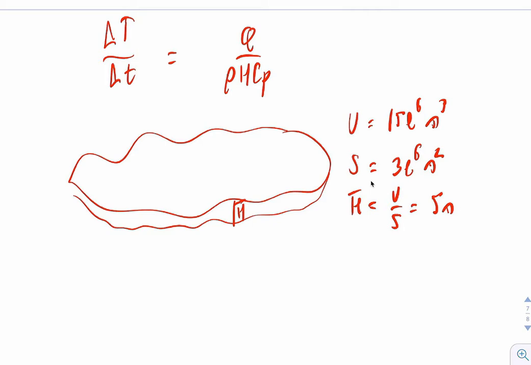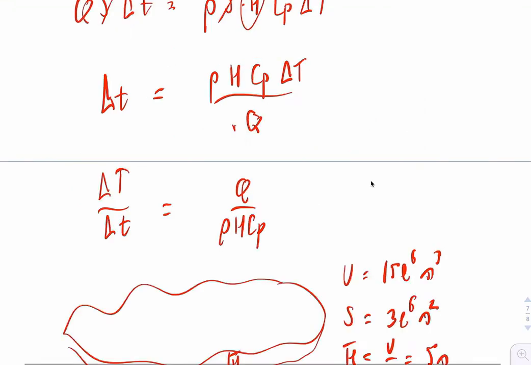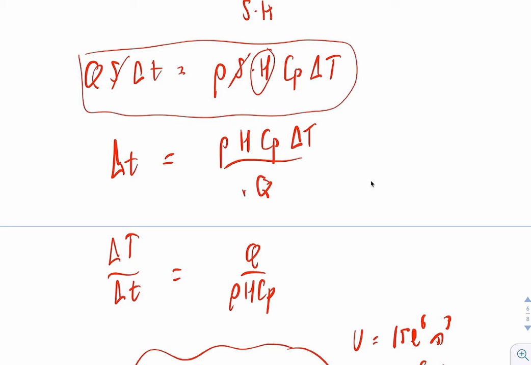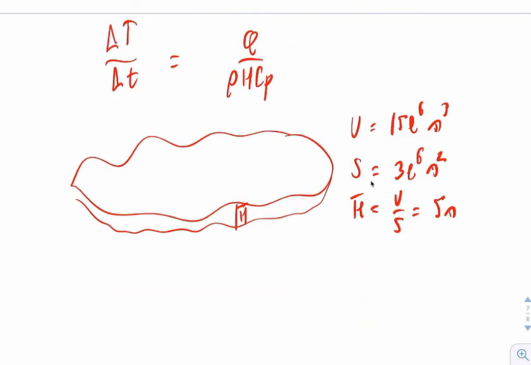So I have to give it a time scale. I have to say it has to be raised in a day. And so let's back up a little bit further, I have this expression here, and I'm going to solve this for Q. So I say here Q required, to raise it a certain delta T, is rho H Cp times delta T divided by little delta t, the time difference.